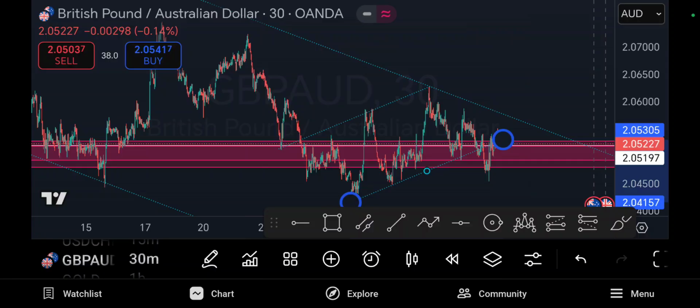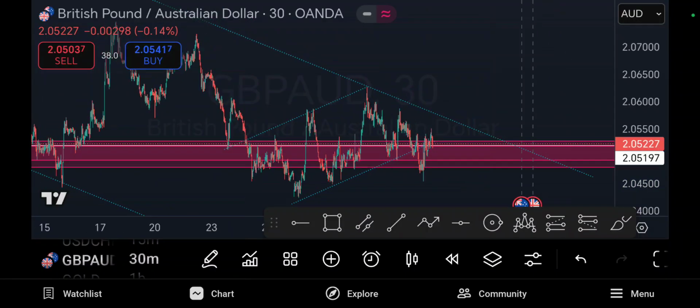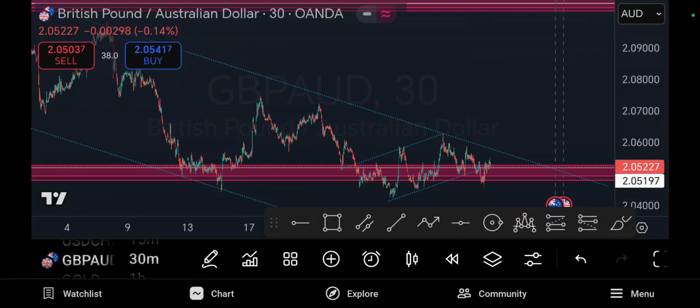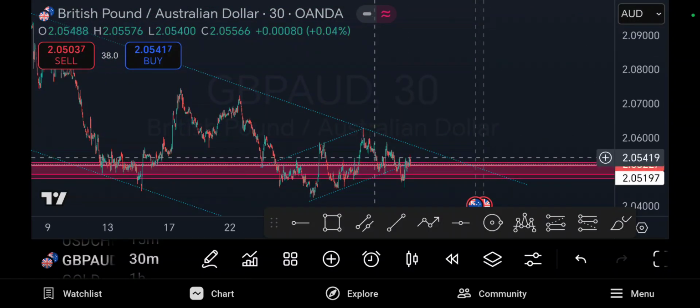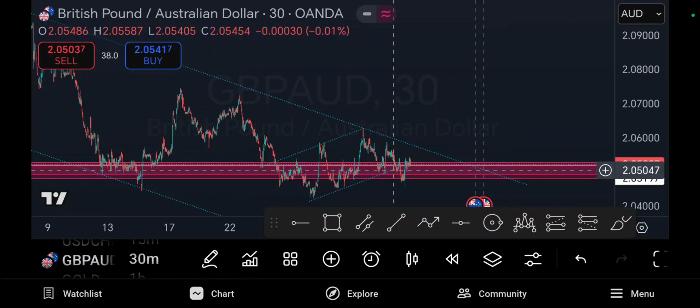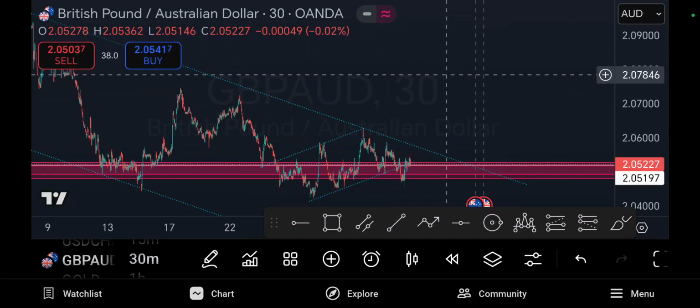Since I've drawn that pattern there, I'll keep it in mind. There's also now a high chance that it could break above and continue to the upside.